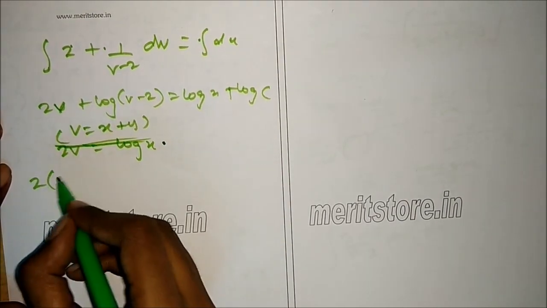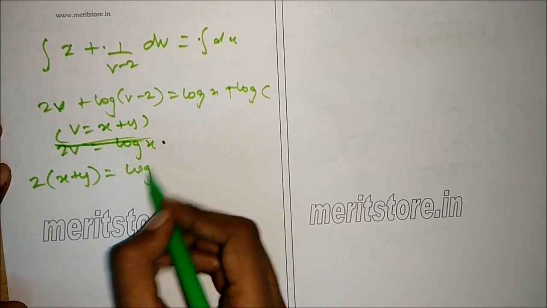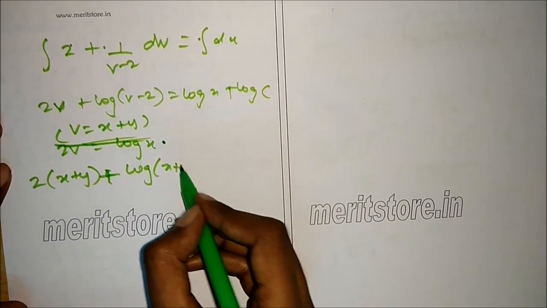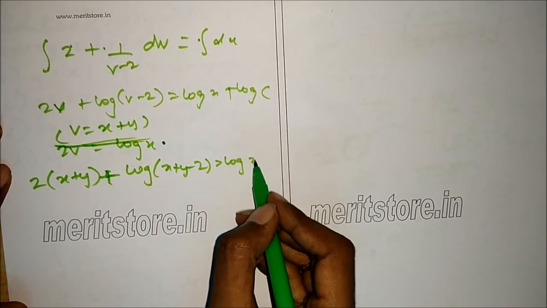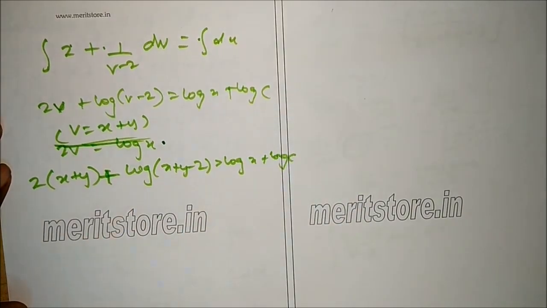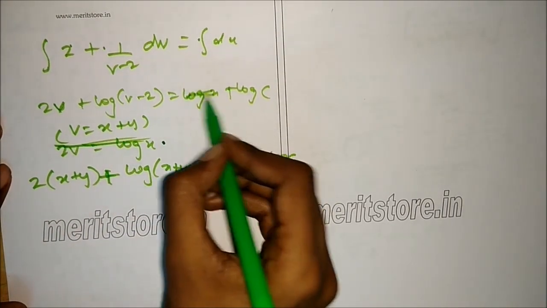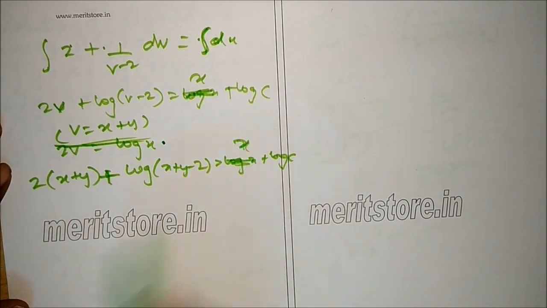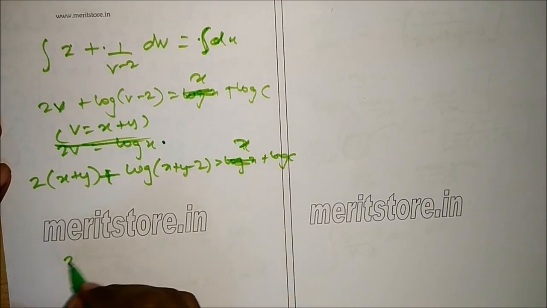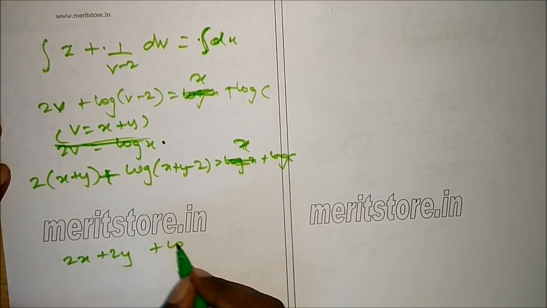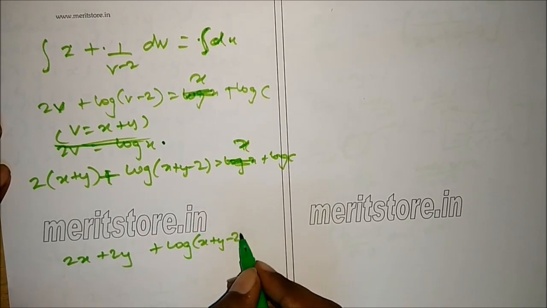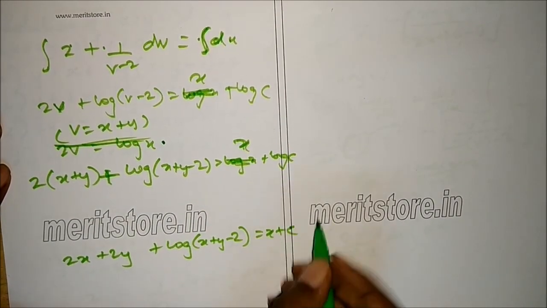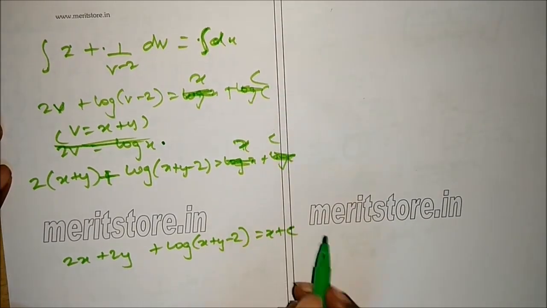So this will be 2 into (x plus y) plus log of (x plus y minus 2) is equal to log of x plus log c. This is just x since it is integration of 1 dx. So 2x plus 2y plus log of (x plus y minus 2) is equal to x plus c. This will be c, just c.